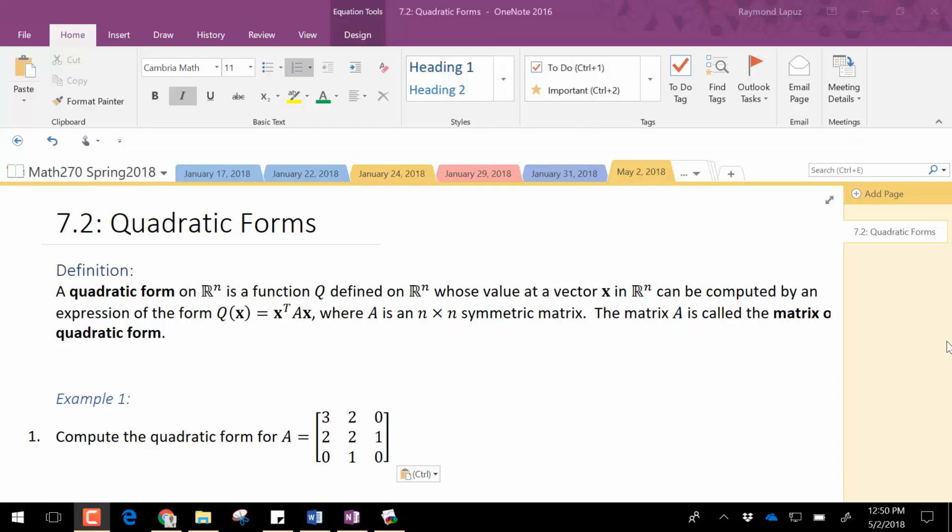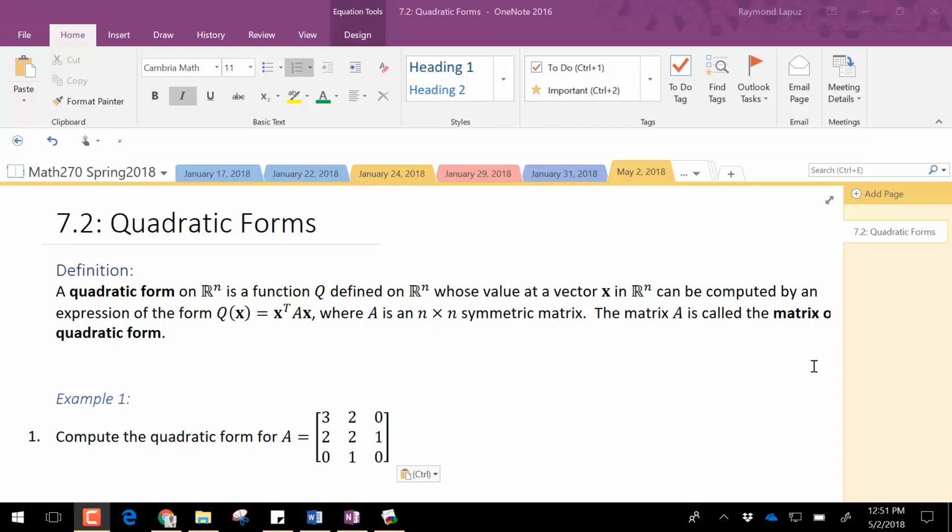Quadratic forms. So a quadratic form is a function that they'll call Q that takes in an N vector, and then it results in a scalar, and it can be computed by the expression the transpose of that vector times A times the original vector.